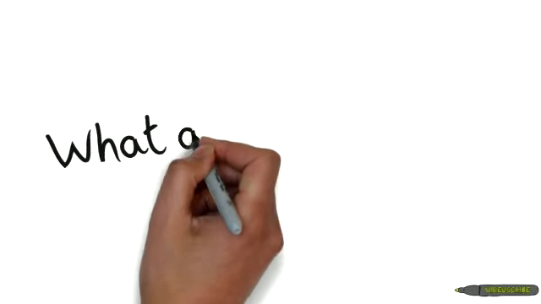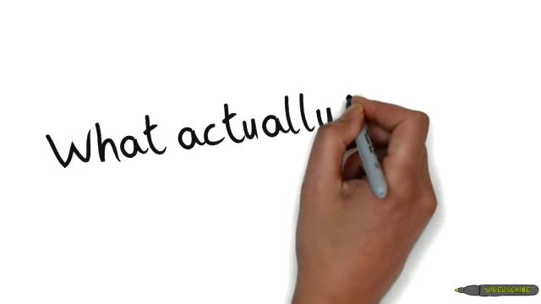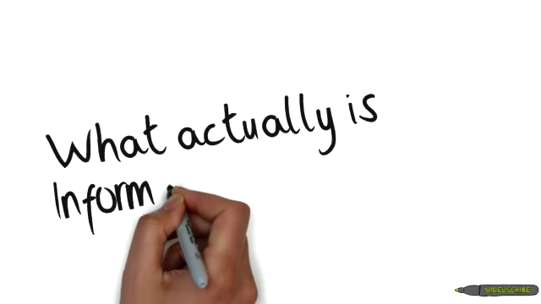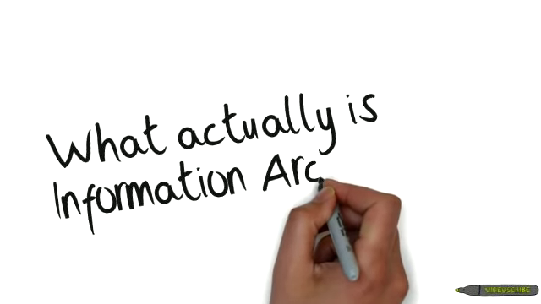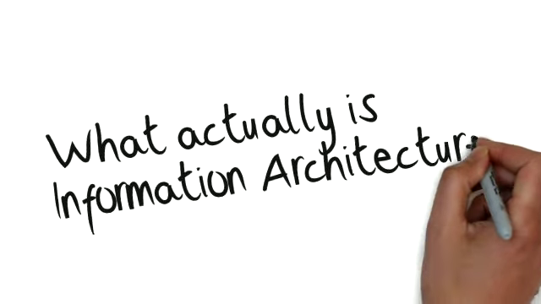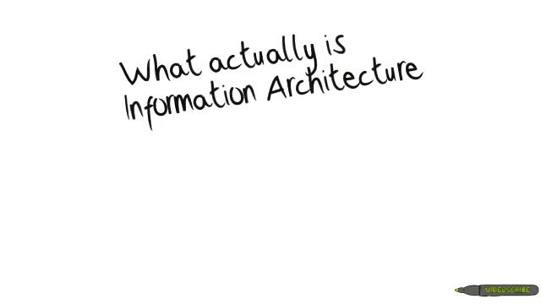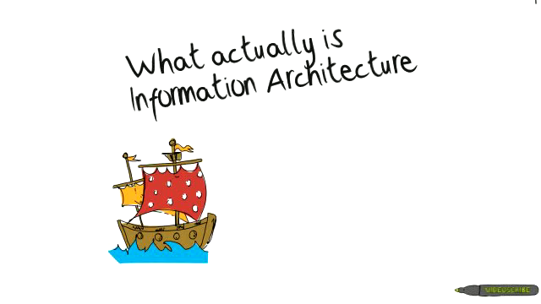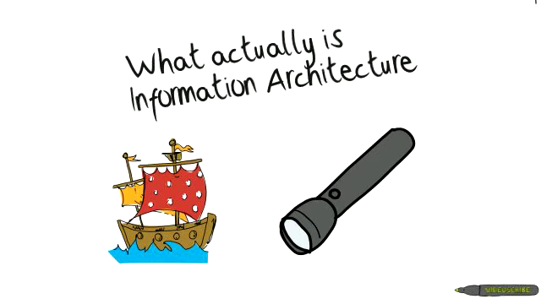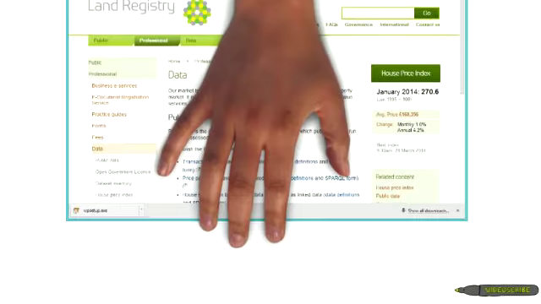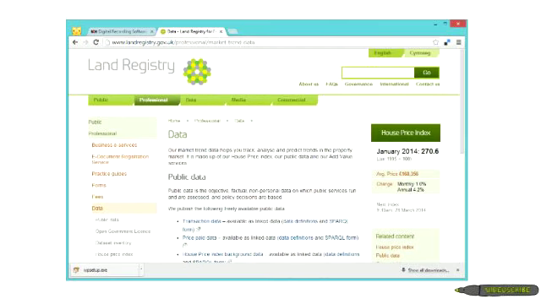And if information architecture is the solution, then what exactly is information architecture? Well, it's several things, but primarily it's how the content is organised and how it's described and labelled so that it's navigable and searchable. Some aspects of information architecture are visible and other aspects are hidden.